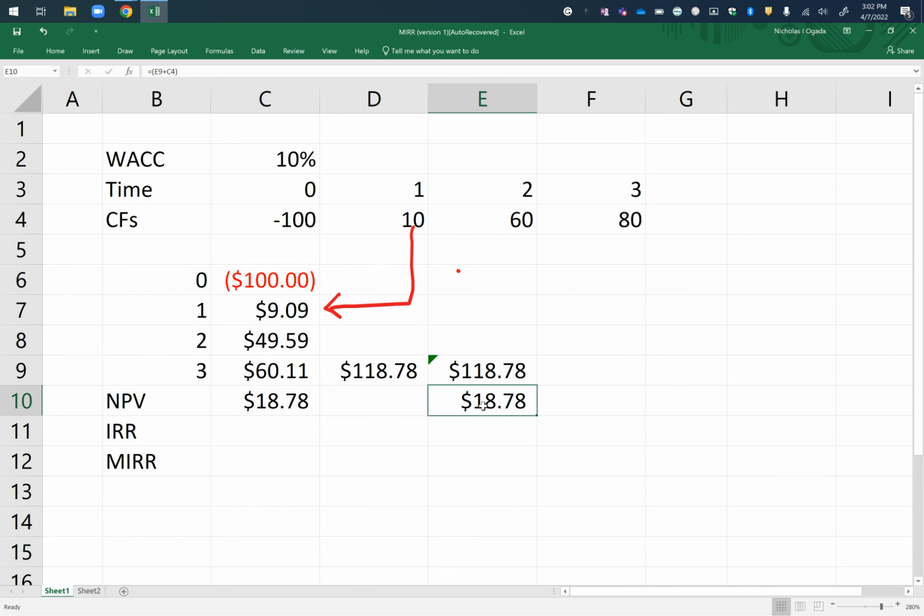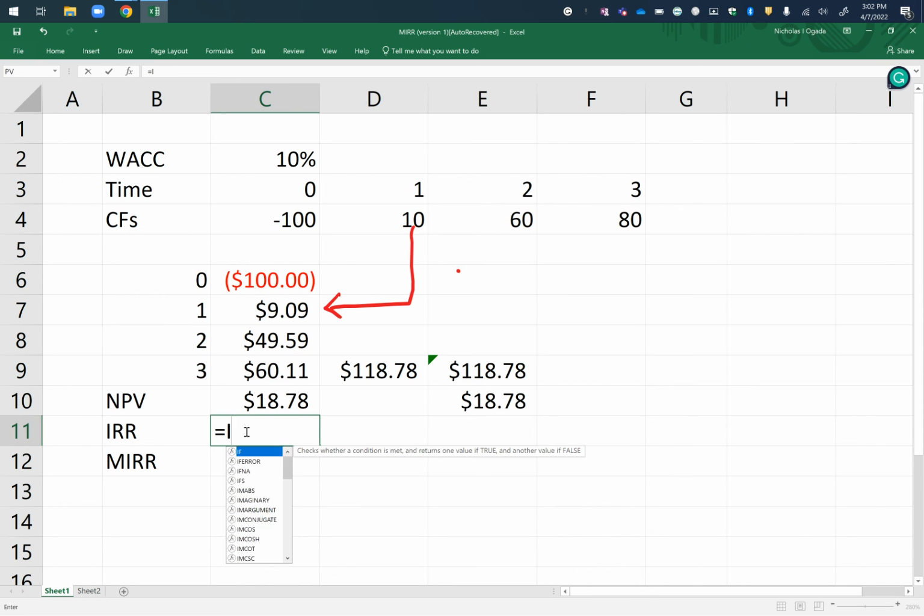The other issue we need to address is how to use Excel to determine the internal rate of return. The internal rate of return is a simple process. Again, you can go to formulas, financial formulas, and bring up the internal rate of return formula, or simply type equals IRR and open the parentheses, and you can see you have guidance here.